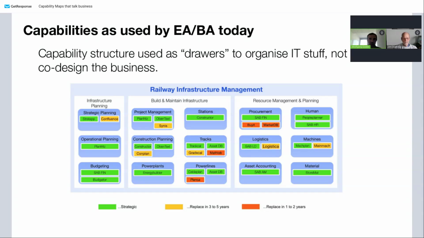So when I want to summarize the situation, I perceive that the way enterprise architects use capabilities is more like drawers. They need some business structure to organize their stuff, because they need to know that this sub is part of the procurement capability and constructor is part of the maintain station capability and so on.